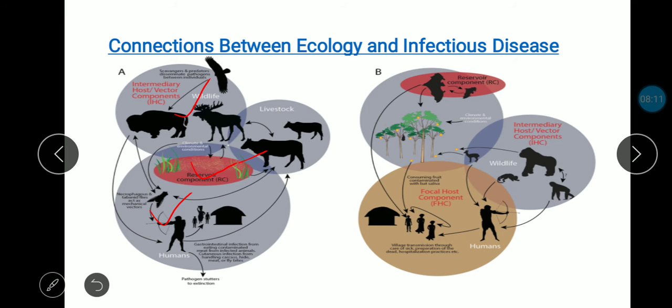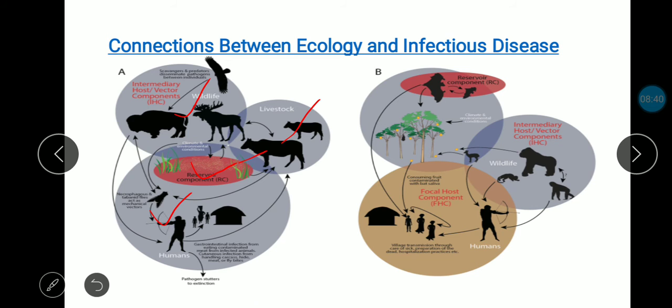Another way is that wild animals infect the livestock, or through the wild animals it reaches the human being through flies, which act as a mechanical vector. It comes from the wildlife and infects the food, water and soil, and finally reaches the human being.